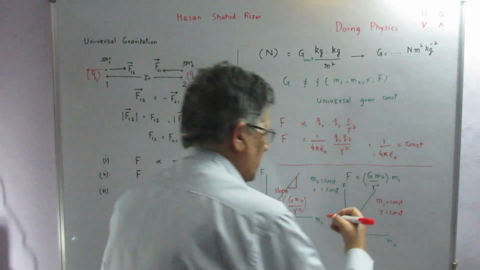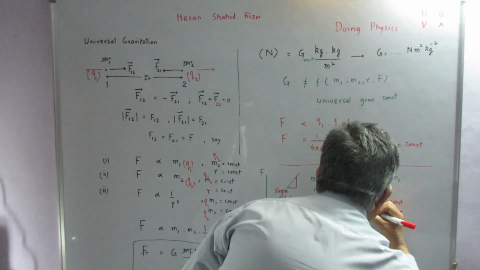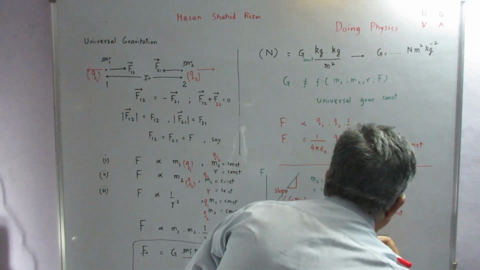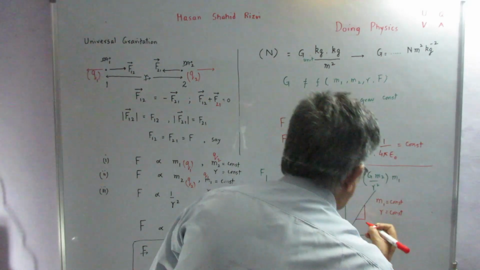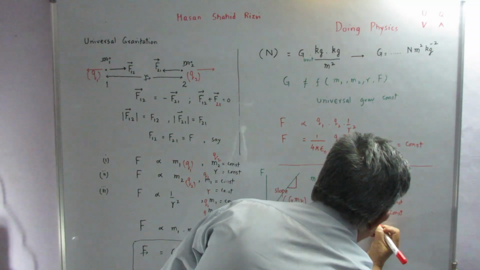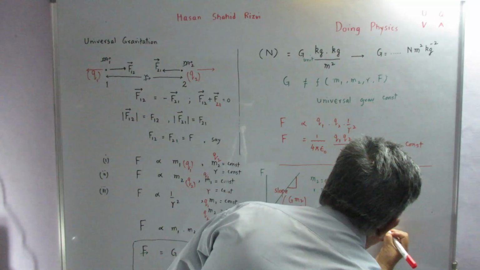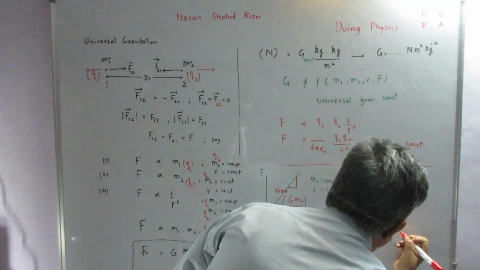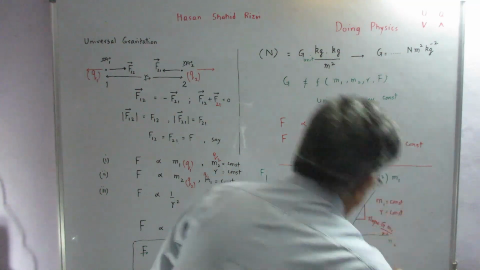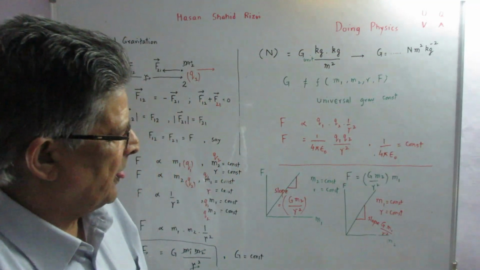Then the slope that I will get here will be equal to the constant. So slope will be equal to capital G M1 upon R square. Okay.